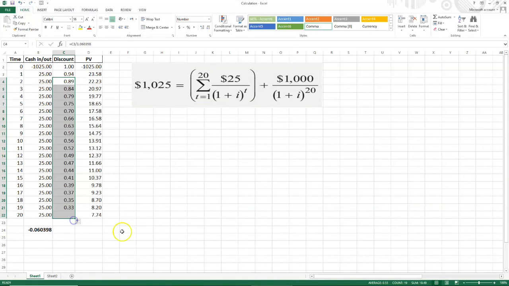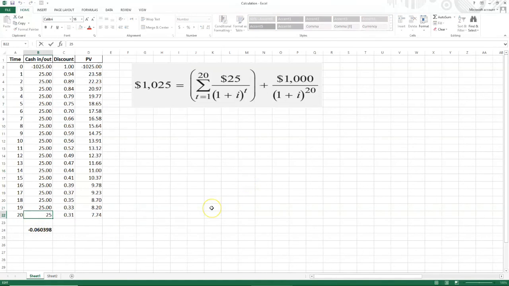But don't forget what we missed here. We are going to get the 1,000 also. We missed that. So in the last period it is 1,025: the 1,000 after 10 years, the face value, plus the last 25. So the equation, now this is the new IRR. Let us plug in the new IRR.